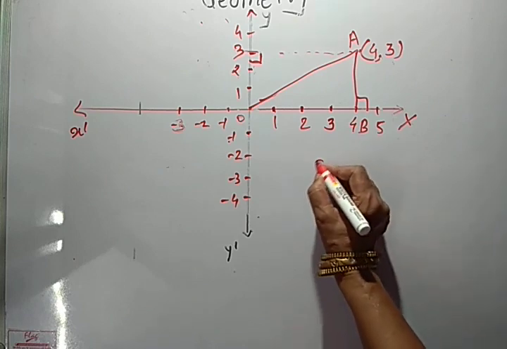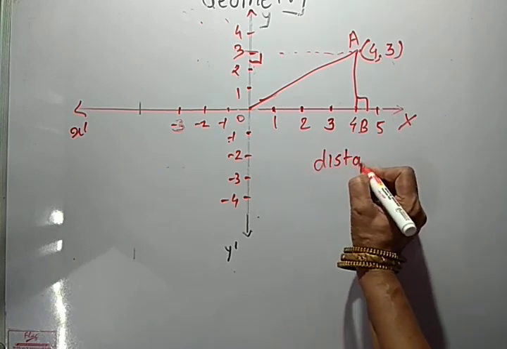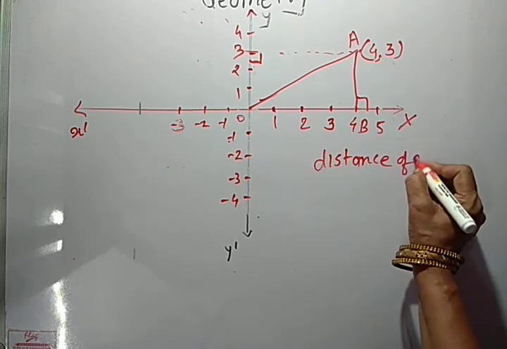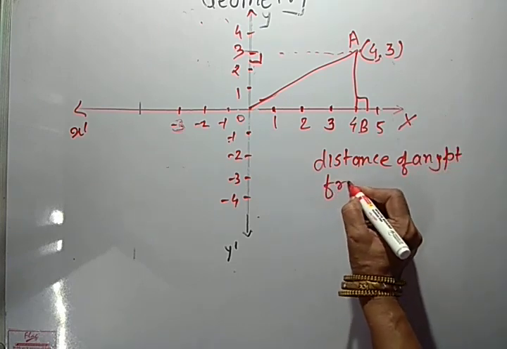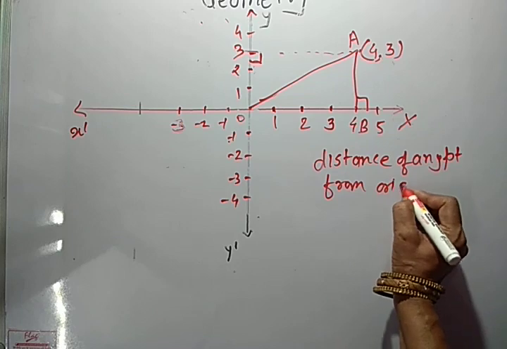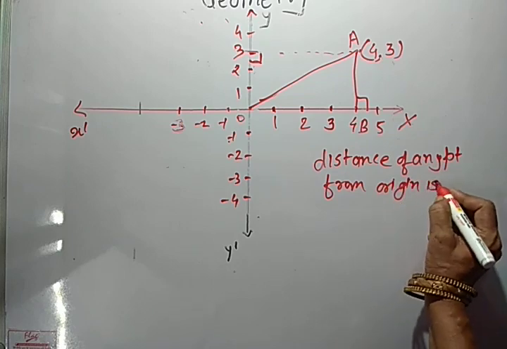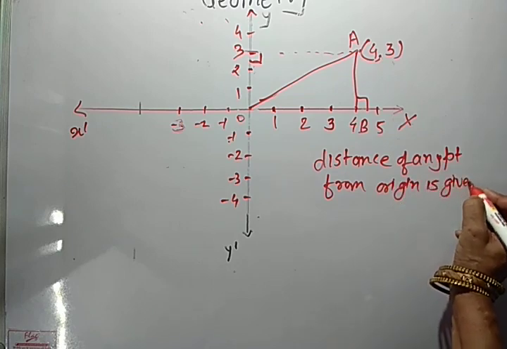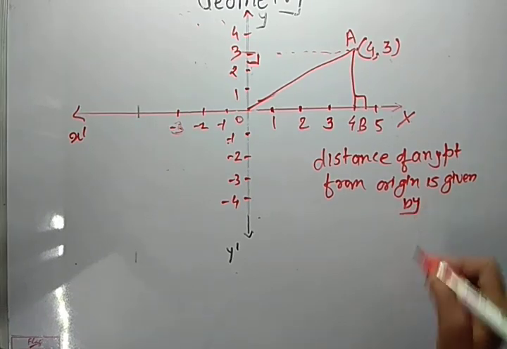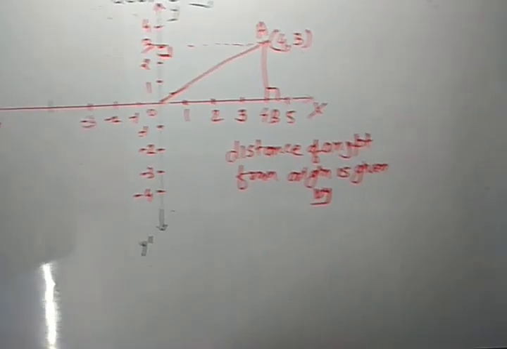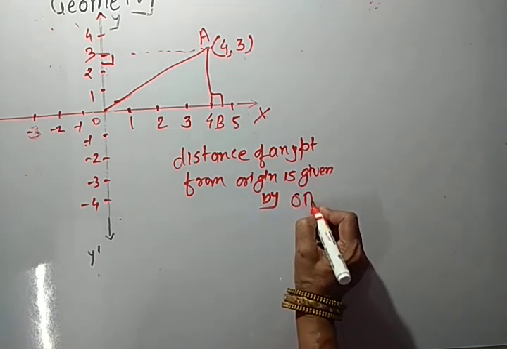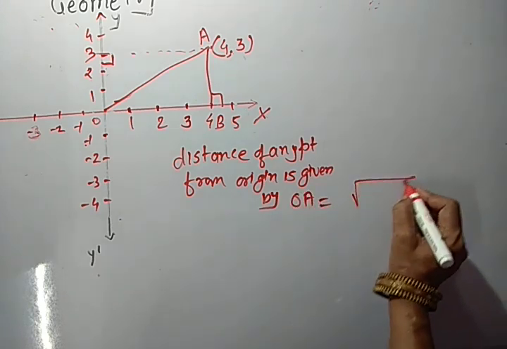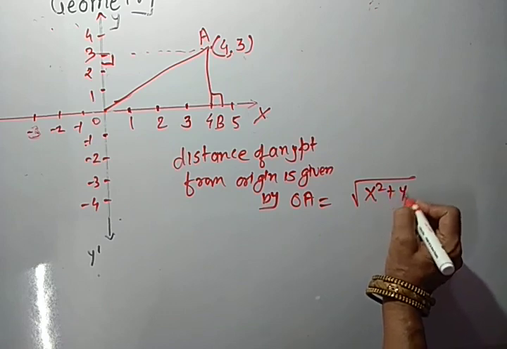So, distance of any point from origin is given by OA is equal to square root of x square plus y square.